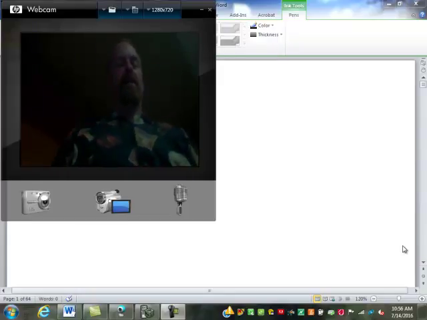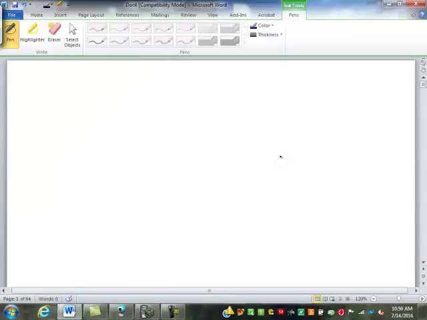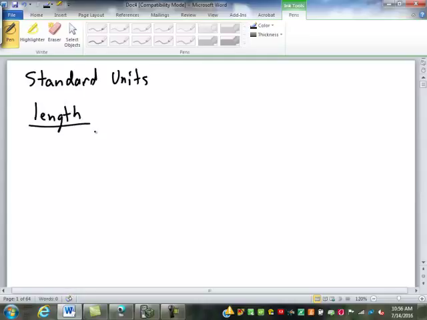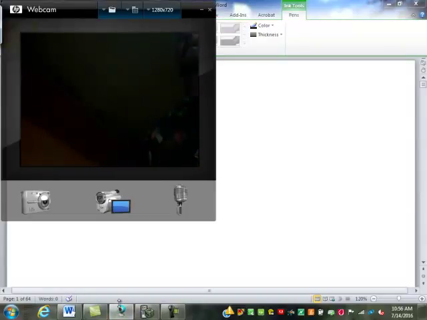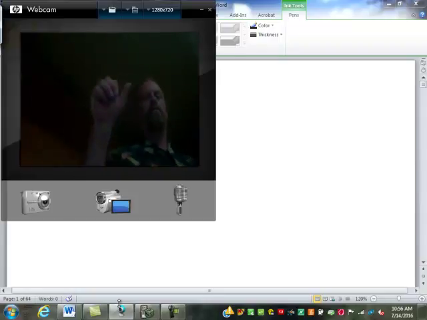If we're looking at standard units, we're going to talk about length first, as you can tell. Going to measure the length of something in standard units, what they started to use, parts of the body.